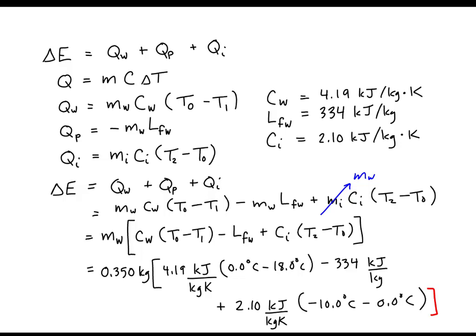Now we should recognize that we have temperature changes here. So even though we have Celsius degrees here, and even though in the units for specific heat we have the Kelvin in the denominator, remember, changes in a Celsius temperature is equal to the same changes in Kelvin temperature.